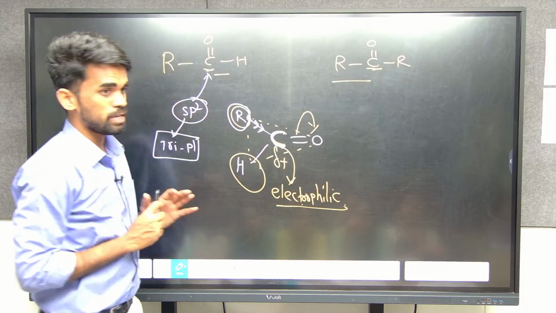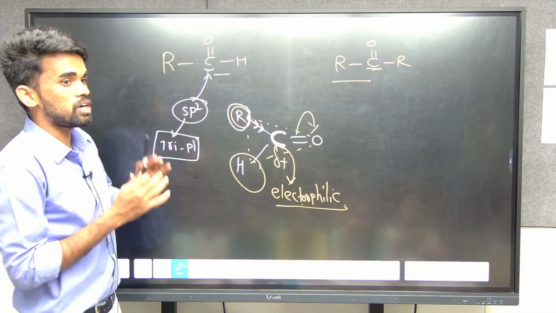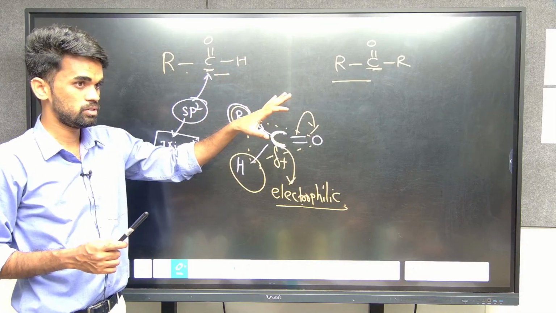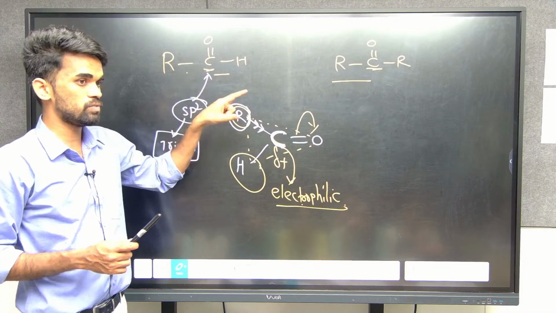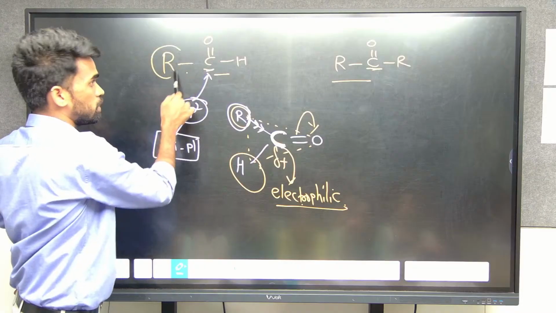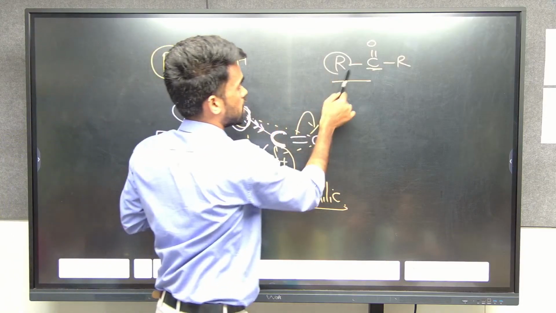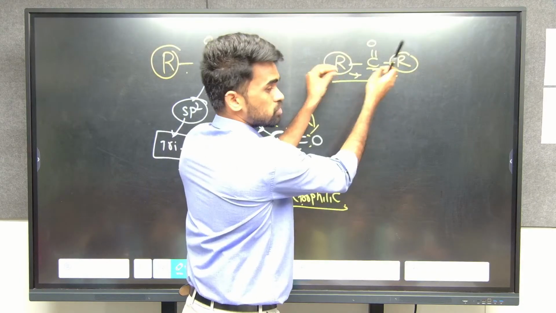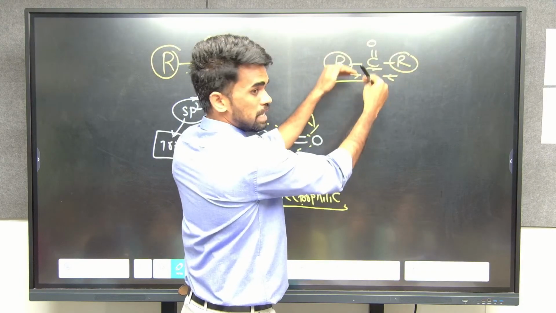Now tell me, which is more electron deficient, aldehyde or ketone? Aldehyde. Why? Only one alkyl group is there, but here two alkyl groups are there, so two release electrons, making it less electrophilic.